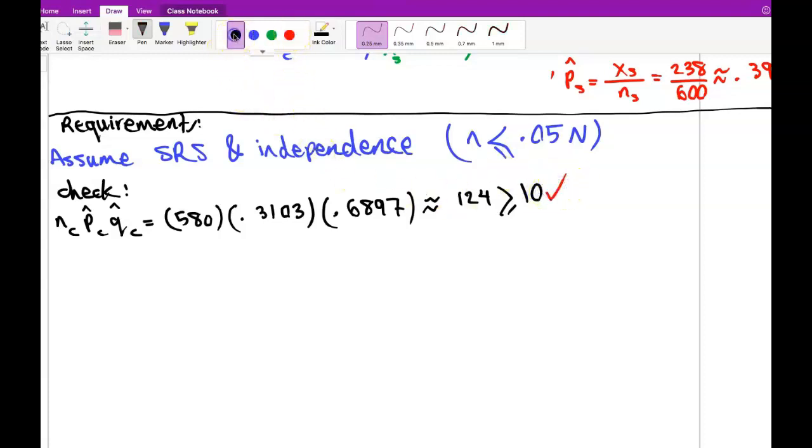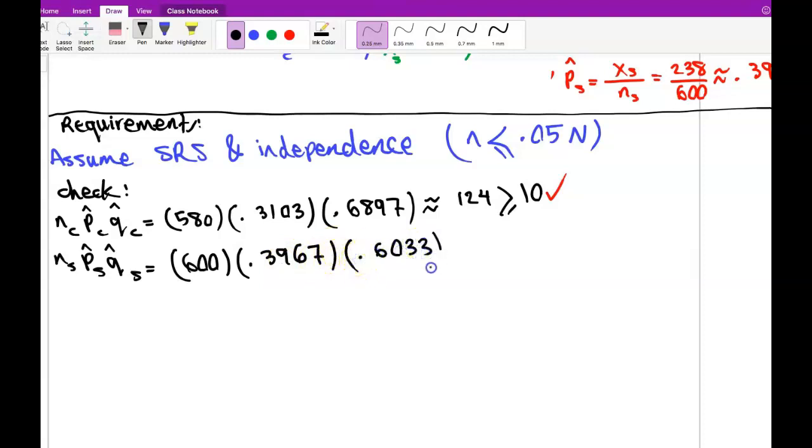So that is correct. Now for the second population, N is 600, P hat 0.3967 times Q hat, which is 1 minus 0.3967, is 0.6033. Multiplying all these numbers, rounding it, we get 144. So it's greater than or equal to 10.